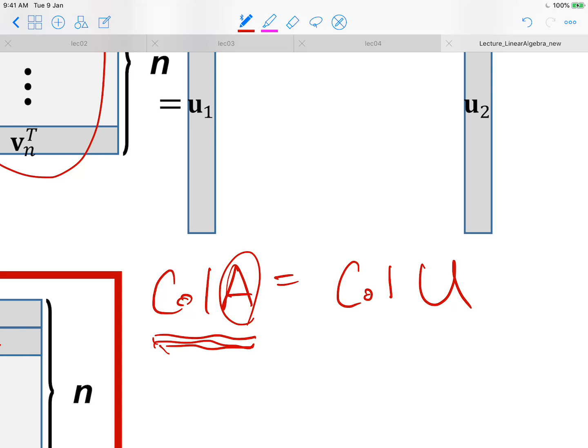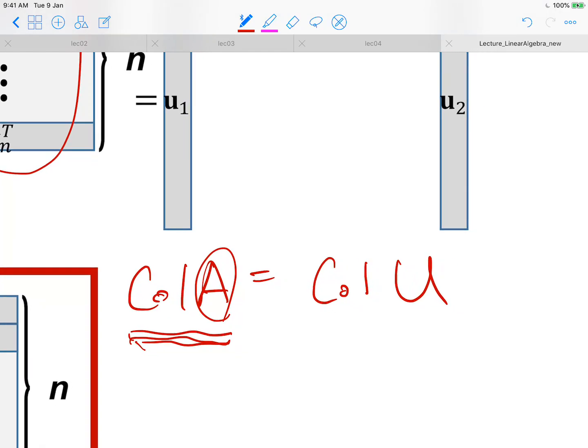The columns of U work as a really clean orthonormal basis for the column space of the input matrix. It can be viewed as a kind of QR decomposition, because for the column space of A, we now obtain an orthonormal basis, a really nice basis for the same column space.